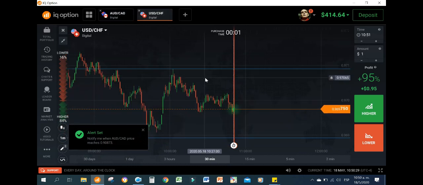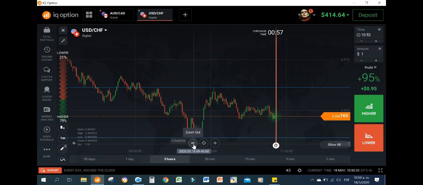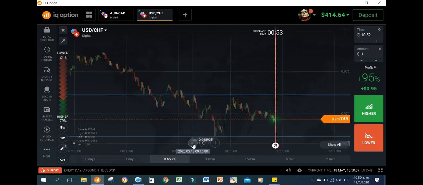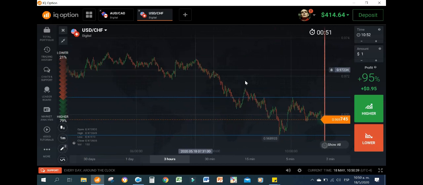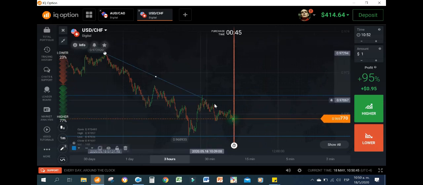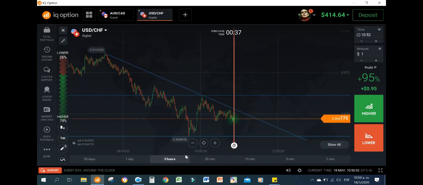Okay, let's see another pair. Let's see here what are the possible opportunities that we have to trade on this market. Let's place another resistance level to see how the price is going.